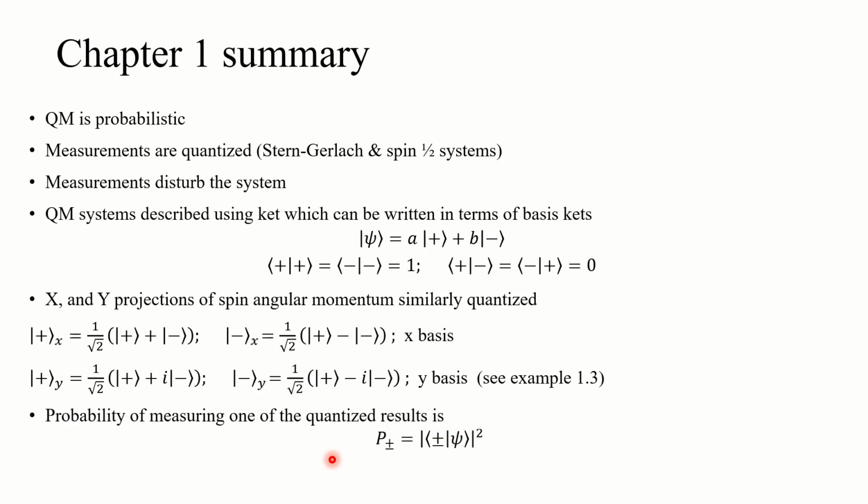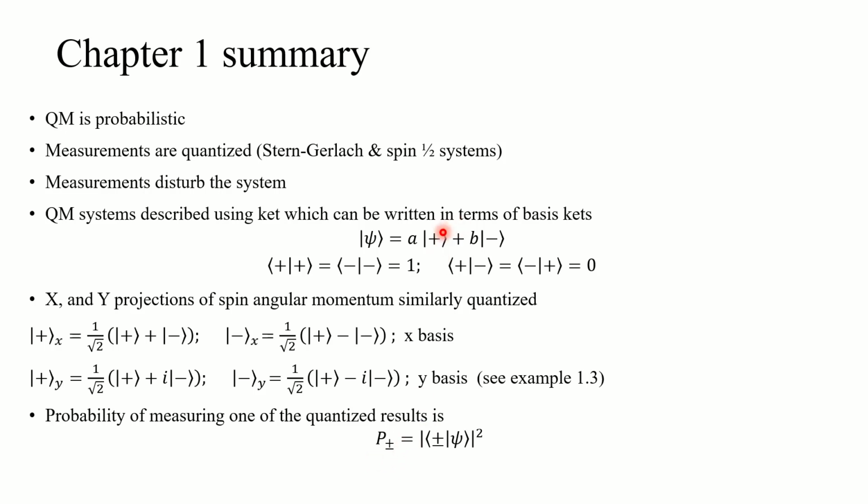And finally, we mentioned that the probability of measuring one of the results, one of these h bar over 2, or one of the quantized results of our measurement, is essentially the projection of our generalized state vector onto the basis bra that represents that measurement outcome, squared.